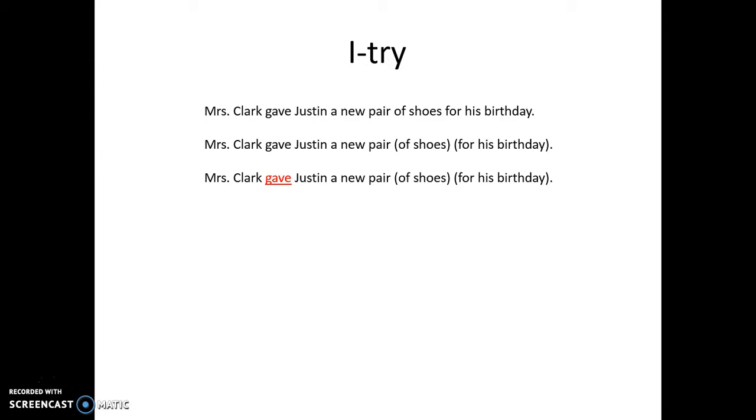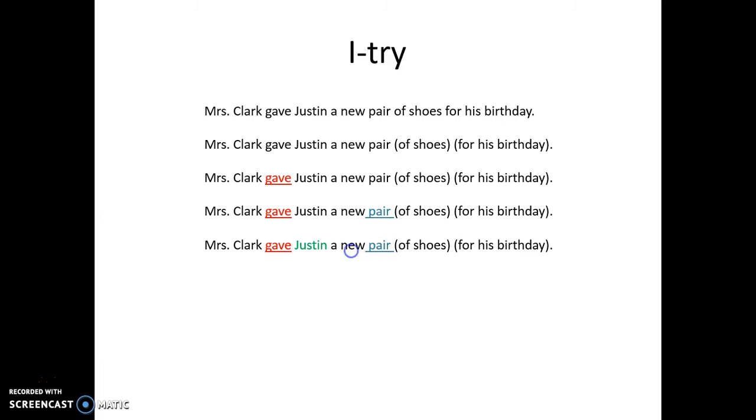So there's no PA or PN because it's an action verb, but there could be a direct object and an indirect object. Oh, what did I give? I gave a pair. I know you want to say shoes so bad because a pair sounds stupid, but of shoes is in the prepositional phrase, so I gave a pair. All right? So now you know there's a direct object, so now you can look for the indirect object. Who got the shoes?